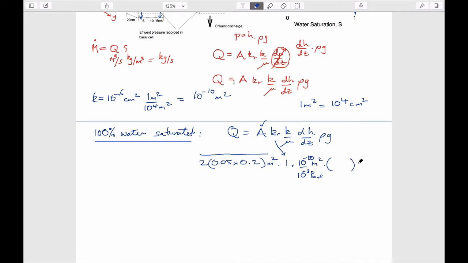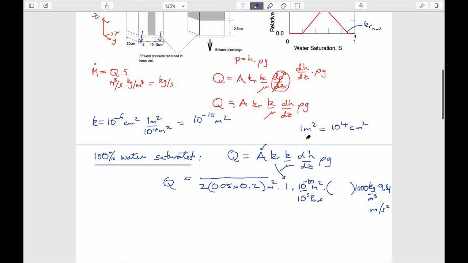And we have rho, which is 1,000 kilograms per meter cubed, and 9.81 meters per second squared. So we have everything we need to be able to calculate the volumetric flow rate. You can check the units, except for this one term for the head gradient, which we've cast.